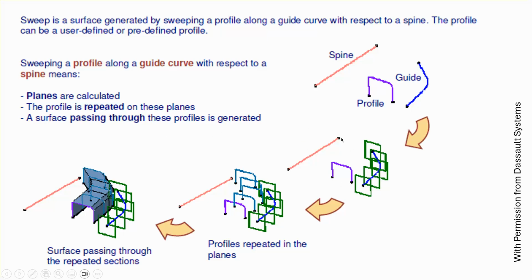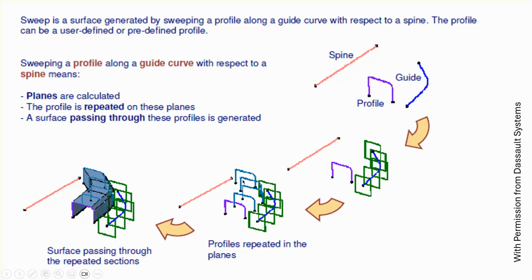So here, for example, is the first step. Here's the spine. There are planes normal to the spine. So at every point along the guide, there is a perpendicular plane to the spine. I'm looking at that plane, and the profile is placed on that. So it's placed on the next one, and the next one, and the next one.